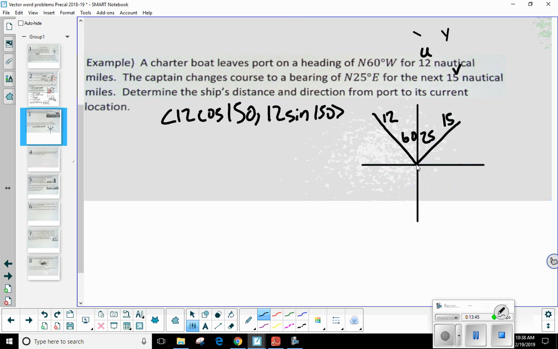Now we want to do the same thing for v. What's his magnitude? Now that would be theta. 15. Okay, there we go. That's the magnitude. Cosine of 65. Good.